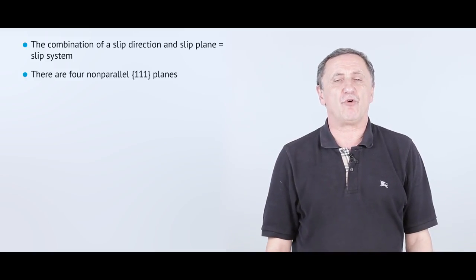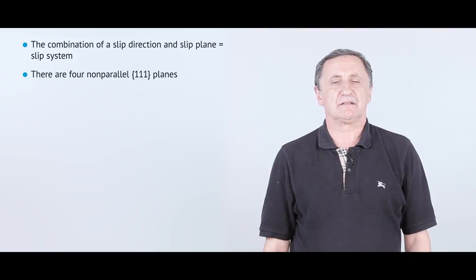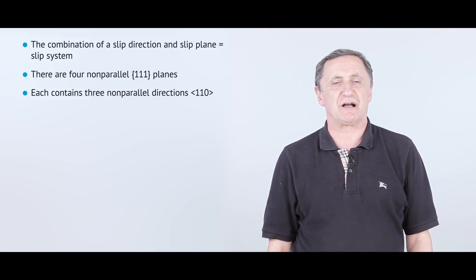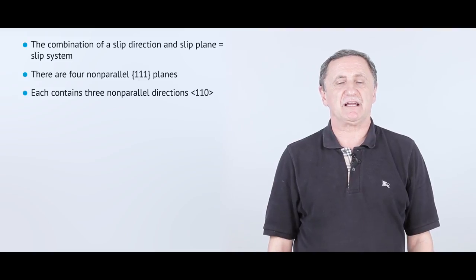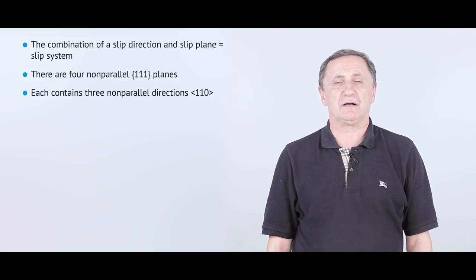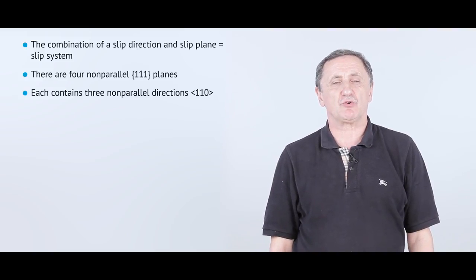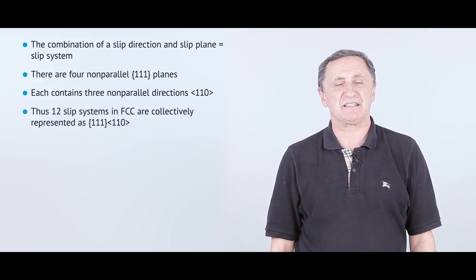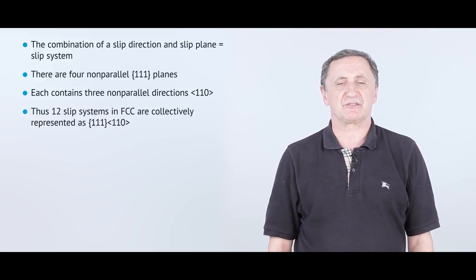We do have four different types of 111 planes in the FCC crystal structure, and each of these planes has 110 slip directions. So in total we have 12 slip systems for the FCC crystal structure.